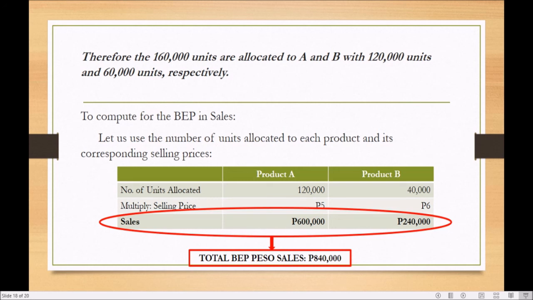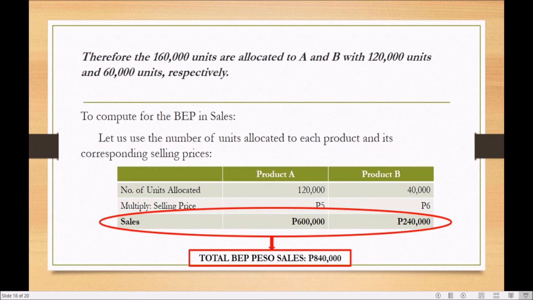Multiply it to 120,000 kasi yun yung allocated break-even point in units to product A. Lalabas, the total sales for product A at break-even is 600,000. While for product B, that is 40,000 multiplied by 6. That is 240,000. So, yun yung allocation.